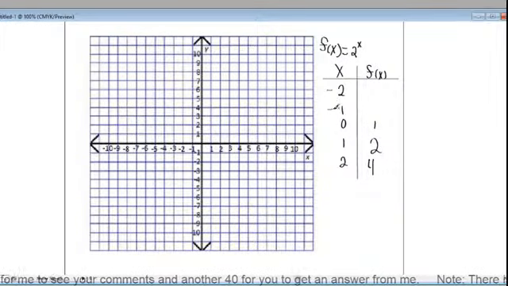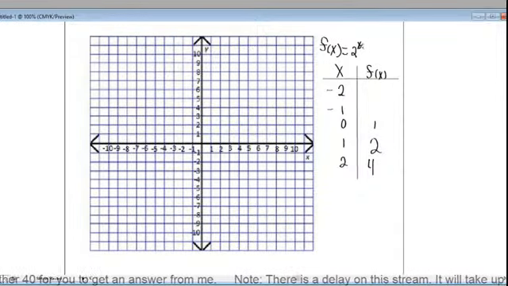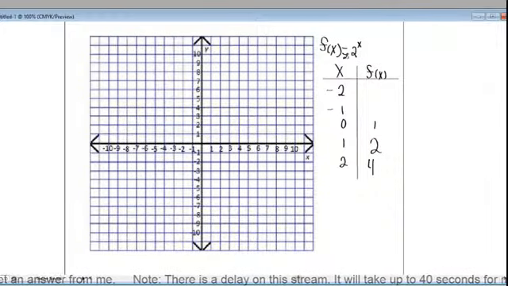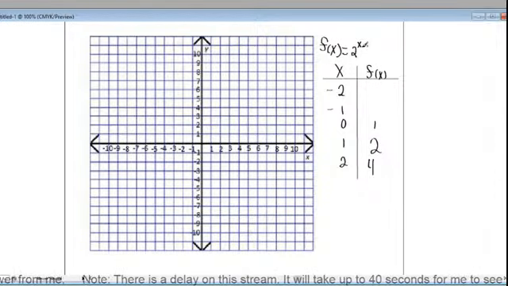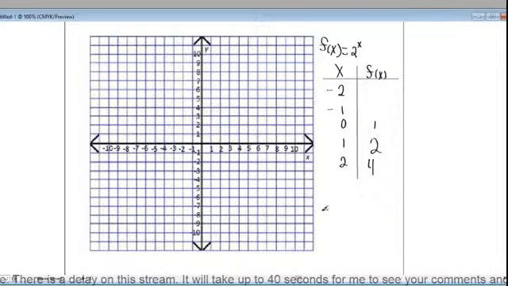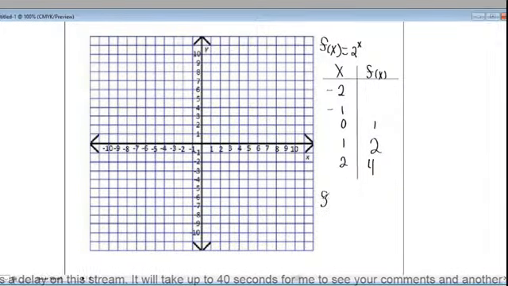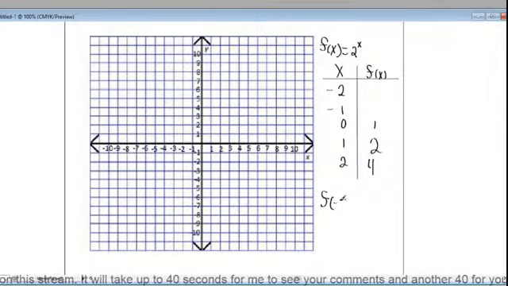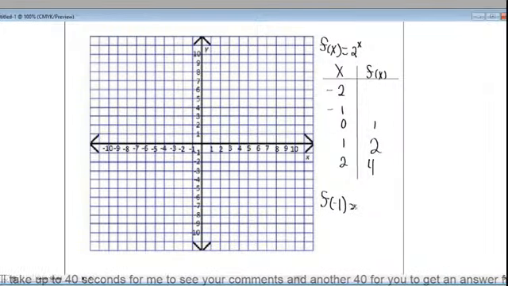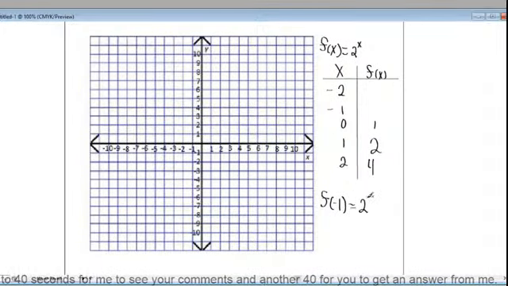Okay, so now let's look at these negative values here for x. So remember that when we plug in something negative for this exponent here, a negative exponent doesn't do anything else except for take the reciprocal. And by taking the reciprocal, what we mean is flipping this number. So f of negative 1 equals 2 to the negative 1 power.